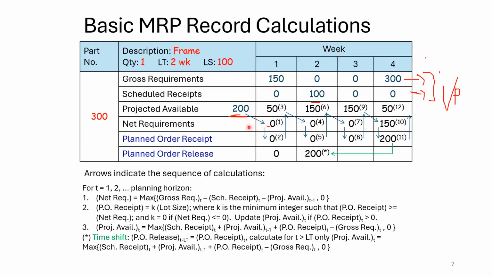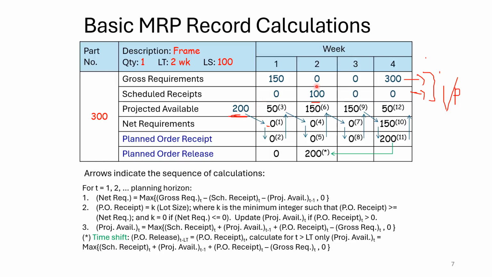So the net requirements become 0 units. And to satisfy the 0 units net requirement, we need 0 units of planned order receipts because we don't need to order anything to satisfy the 0 net requirement. And after this transaction is done, we are still left with 200 minus 150, which is 50 units in inventory. Now, when it comes to week 2, we start week 2 with 50 units of inventory already in the bank.